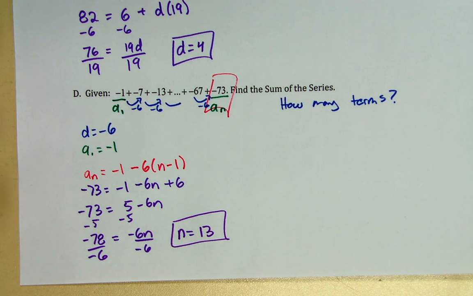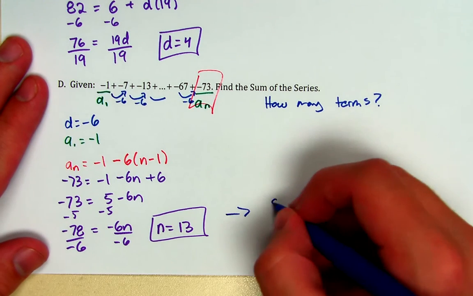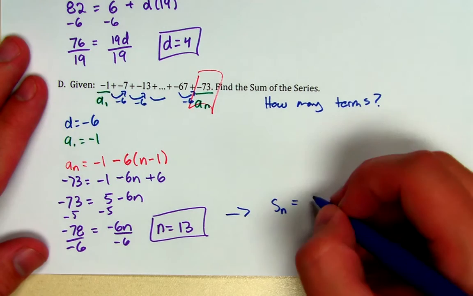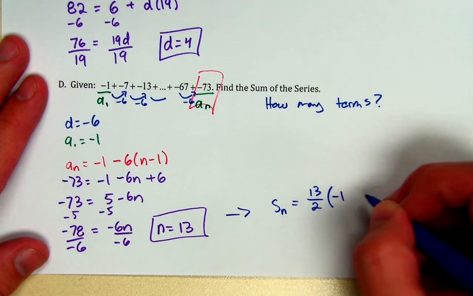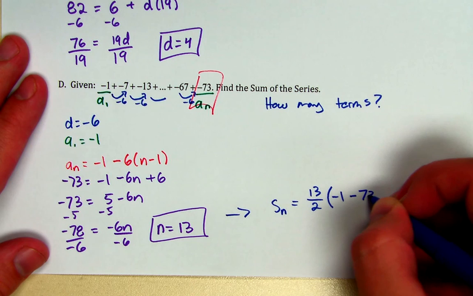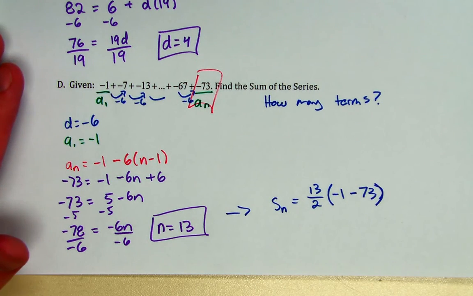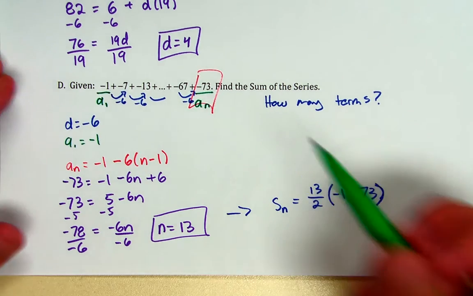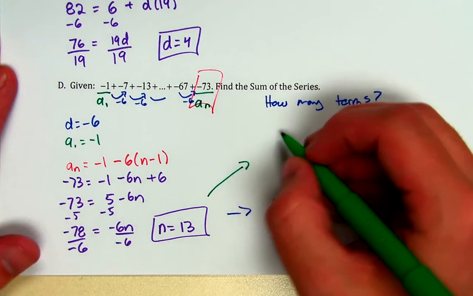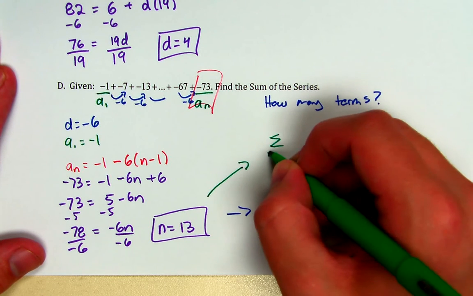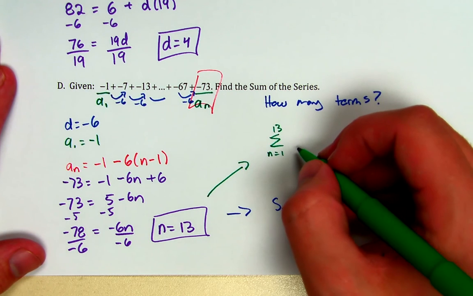So now you can do this one of two ways. We can go ahead and use the sum, so Sn equals your sum, how many terms? 13 over 2 times A1 negative 1 minus 73. So you can do that, or you can calculate it by hand by finding all the terms. That could be hard. Or we can write a summation, where N equals 1 to 13 of the formula we found.